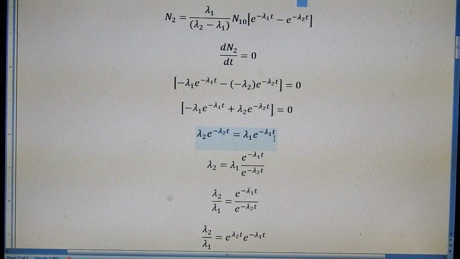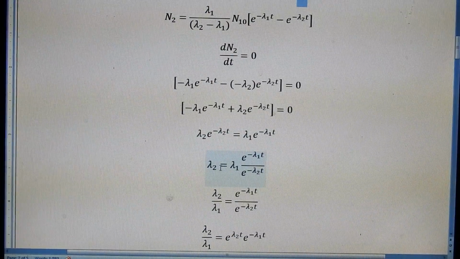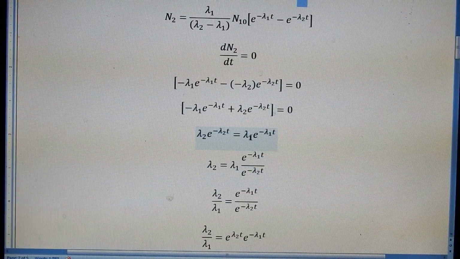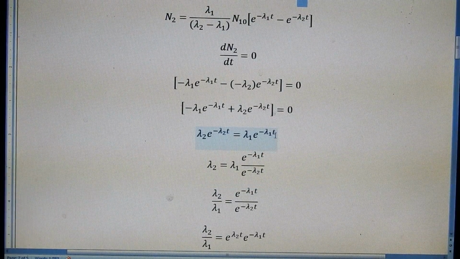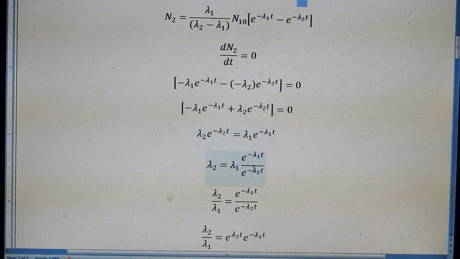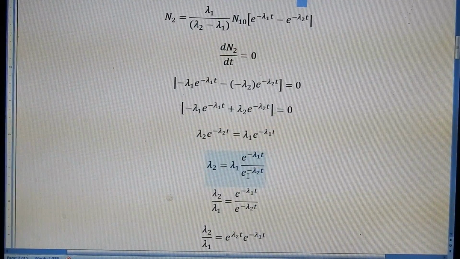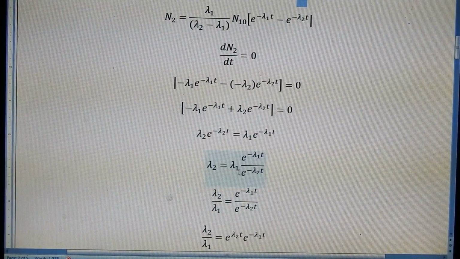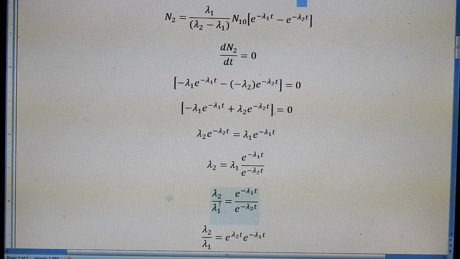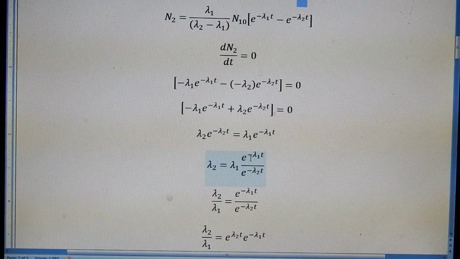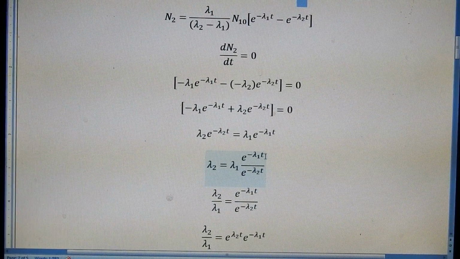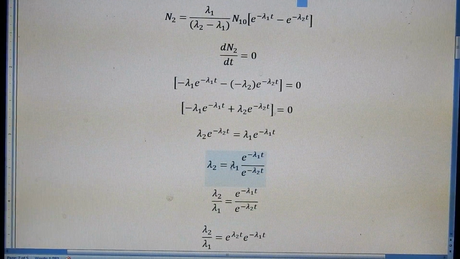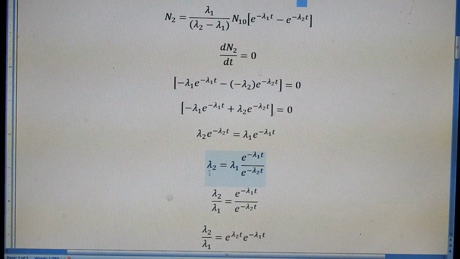The denominator becomes the denominator, so lambda 1 as it is, e power of minus lambda 1t over e power of minus lambda 2t. Now lambda 2 by lambda 1, by cross multiplication, is equal to e power of minus lambda 1t by e power of minus lambda 2t, as we are writing here.